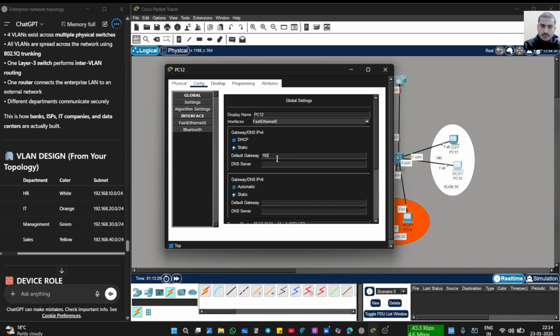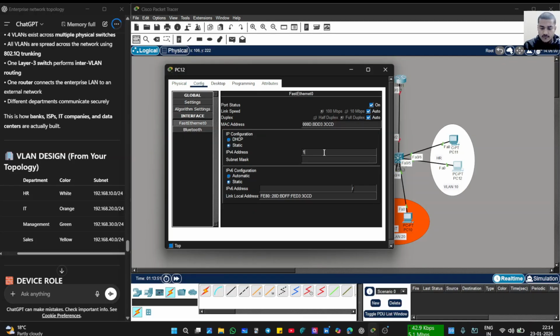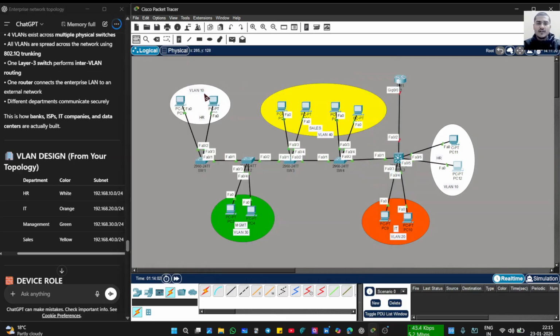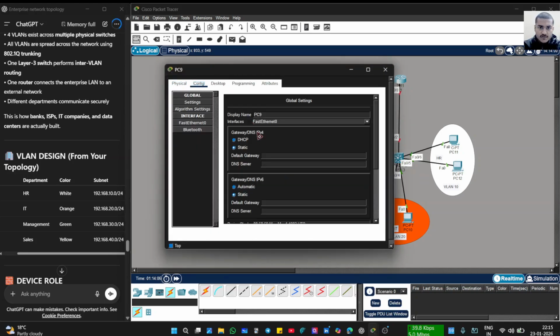We have to be careful about whatever we are doing with the IP addresses, and beware of what exactly I'm doing. This is for the gateway, that would be similar for all. So 192.168.10.13. Yep, it's done. We have done VLAN 10.